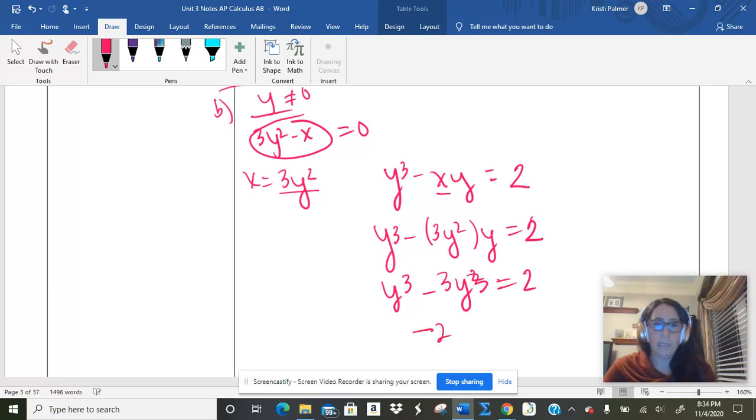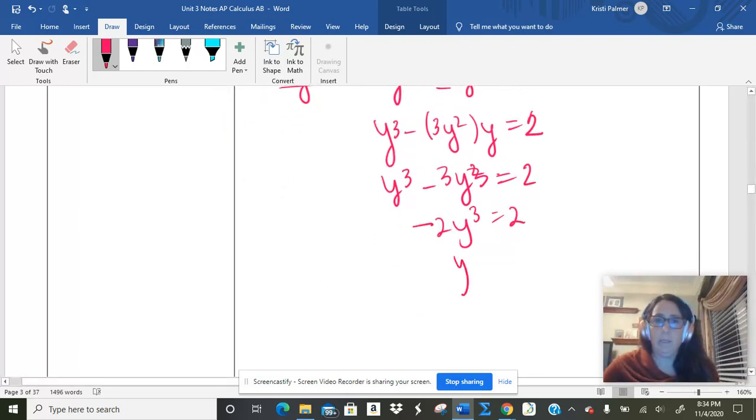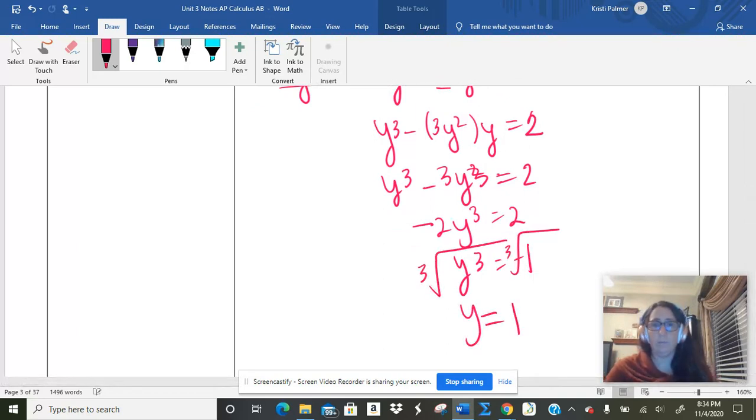So that gives me negative 2y cubed equals 2. Y cubed equals negative 1. Take the cube root, and I get y equals negative 1.